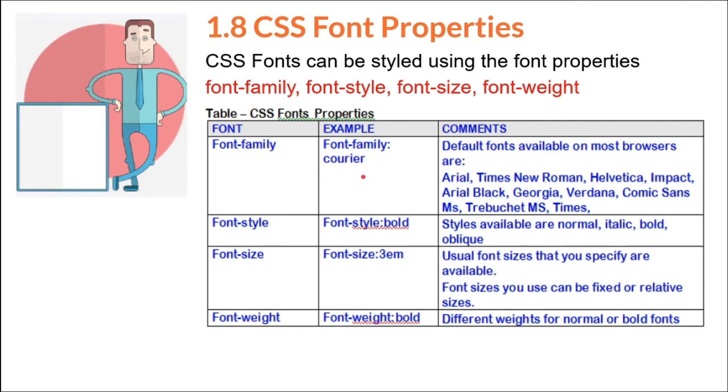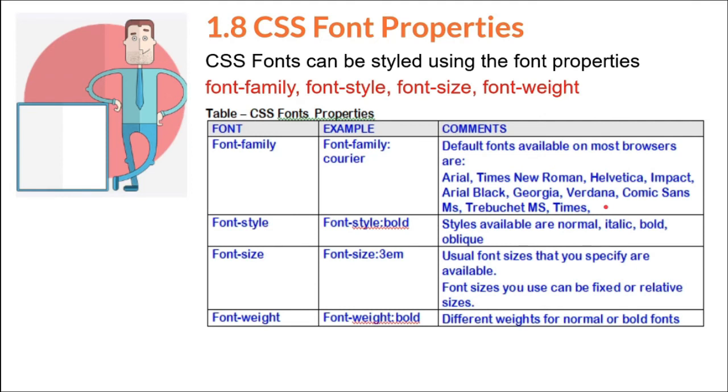The default fonts available on most browsers are Arial, Times New Roman, Helvetica, Impact, Arial Black, Georgia, Verdana, Comic Sans MS, Trebuchet MS, and Times. These fonts are available on most browsers, so if you use one of these you should have no problems displaying your text.